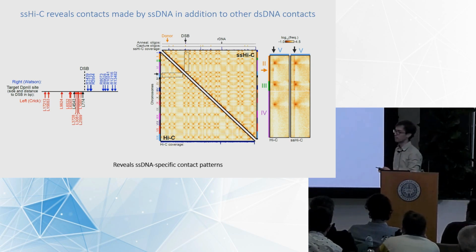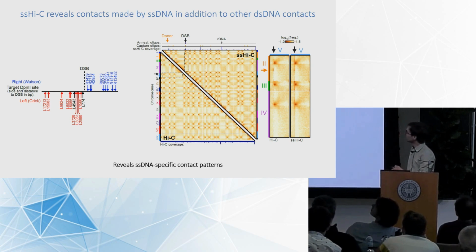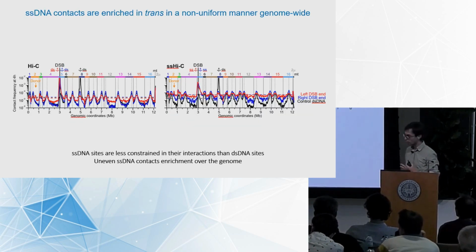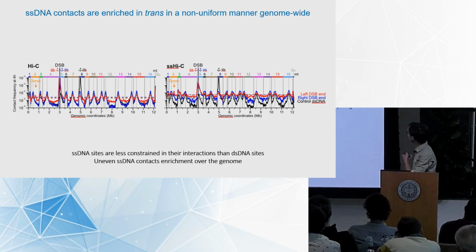It reveals the contacts made by the single-strand DNA, and as you can already appreciate from this map, they are much more capable of engaging other chromosomes, okay, making contacts in trans. So we can represent this as a 4C-like representation. Here in red, I show the profile of contacts of the double-strand DNA.